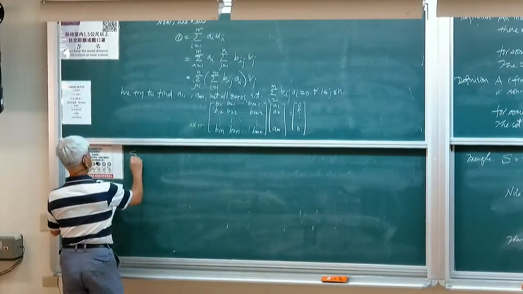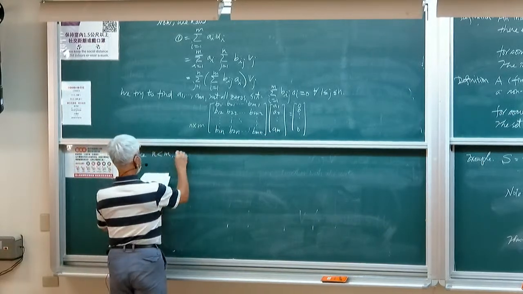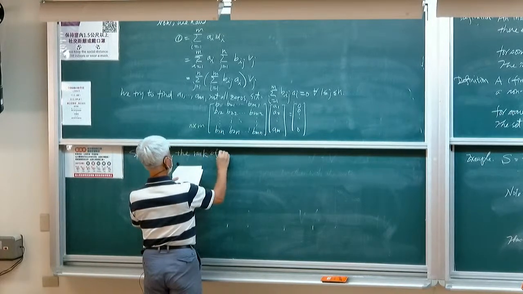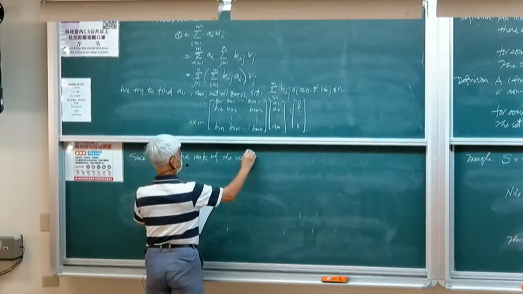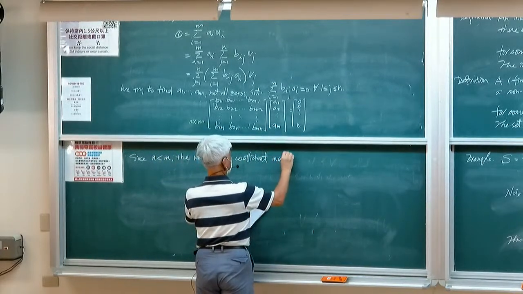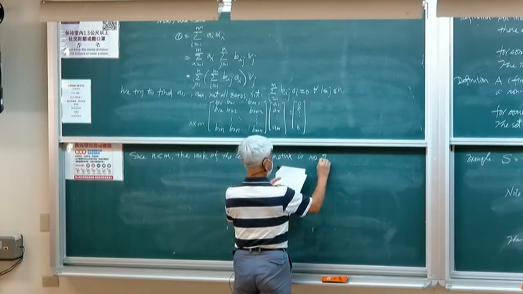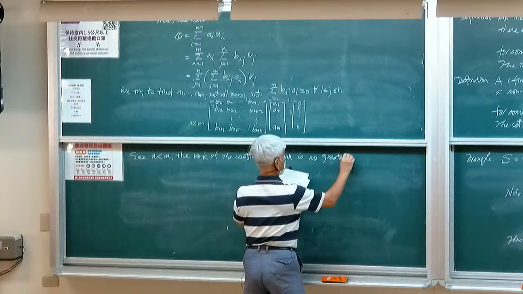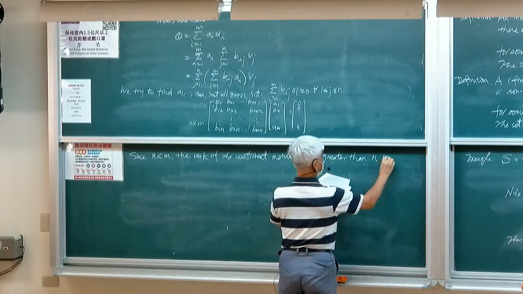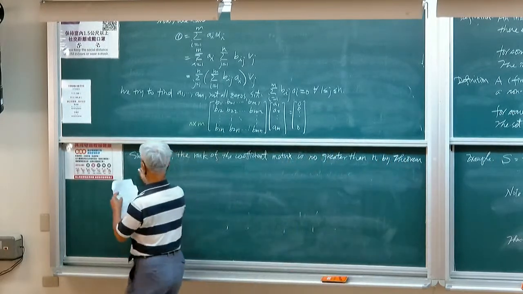All right, so since n is less than m, the rank of the coefficient matrix is no greater than n by theorem 1.3.7.